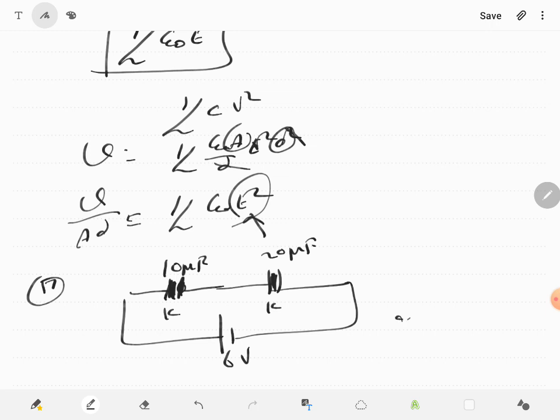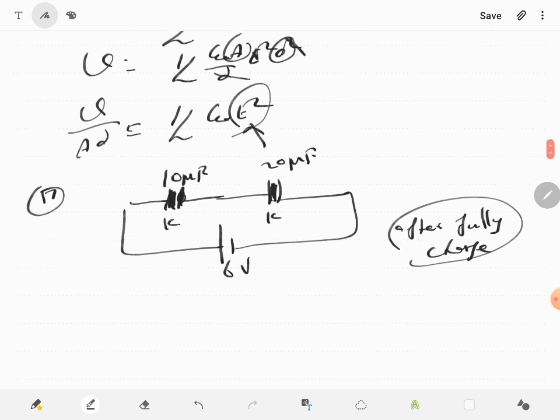Which means once the capacitor is fully charged, there'll be no more current coming from the 6-volt battery. The capacitor once fully charged blocks DC. And so then it's fully charged, can we say it's disconnected therefore?